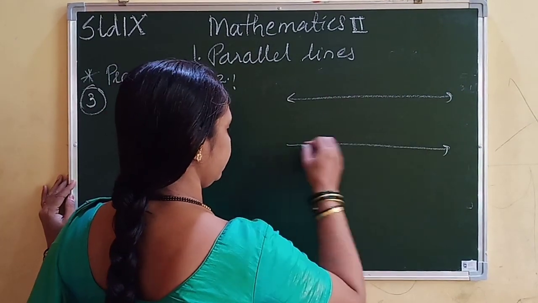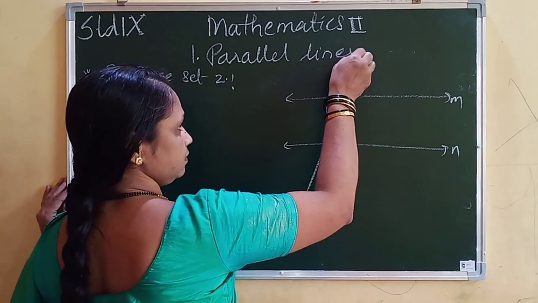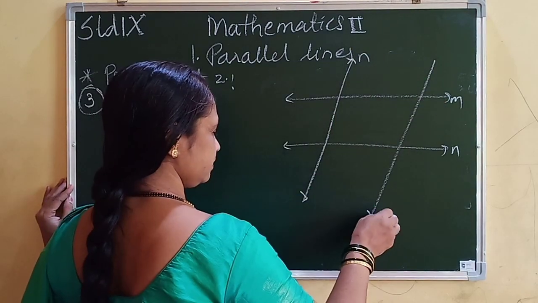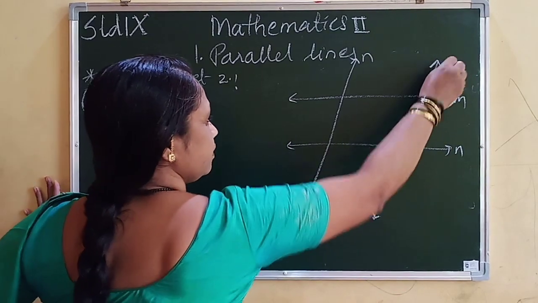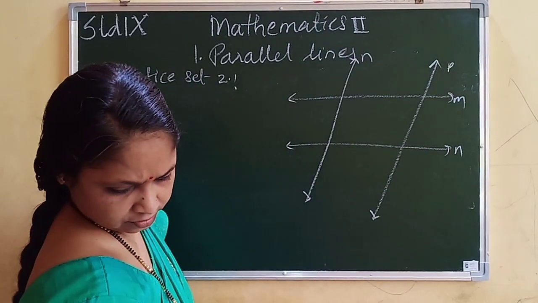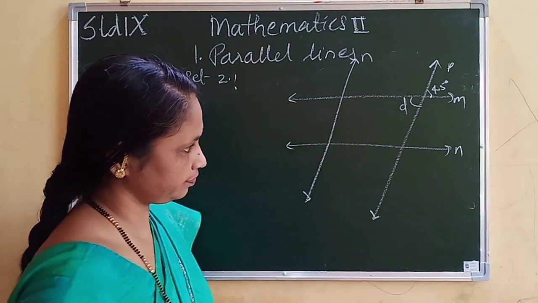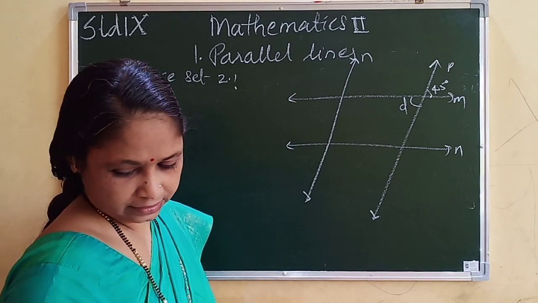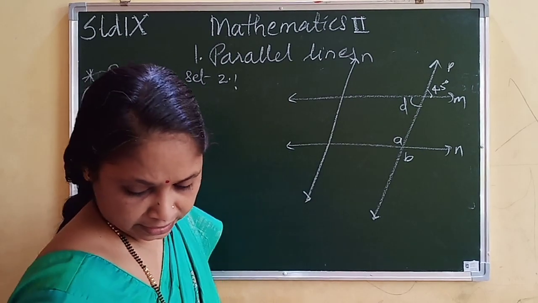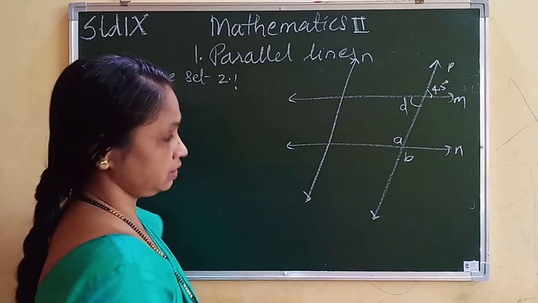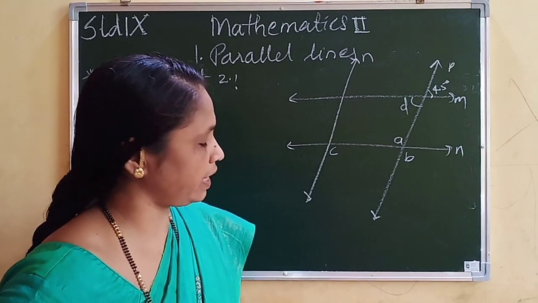Line M and line N. This is the M line, this is the N line, and this is the P line. Okay, and they have given this measure as 45 degrees, this D and A, B, and here it is C. These all measures we have to find out. We have to find the measure of A, B, D and C.